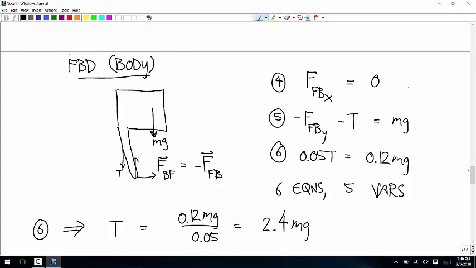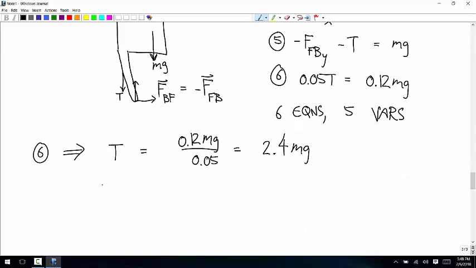And then the x component of the contact force at your ankle is 0, but the y component of the force on your foot by your body is equal to negative 3.4 mg.